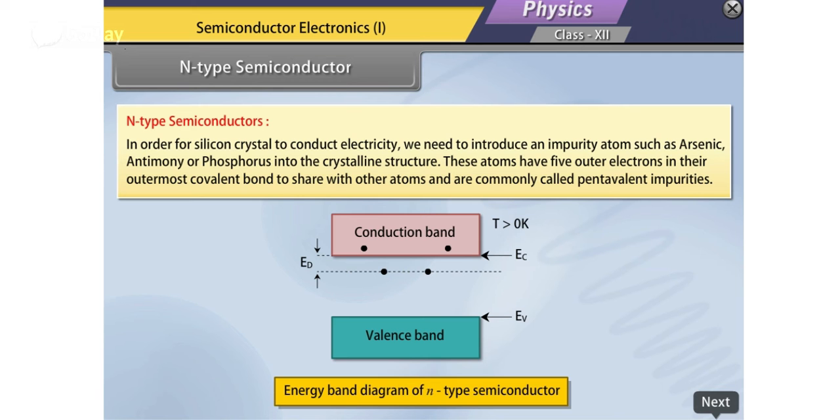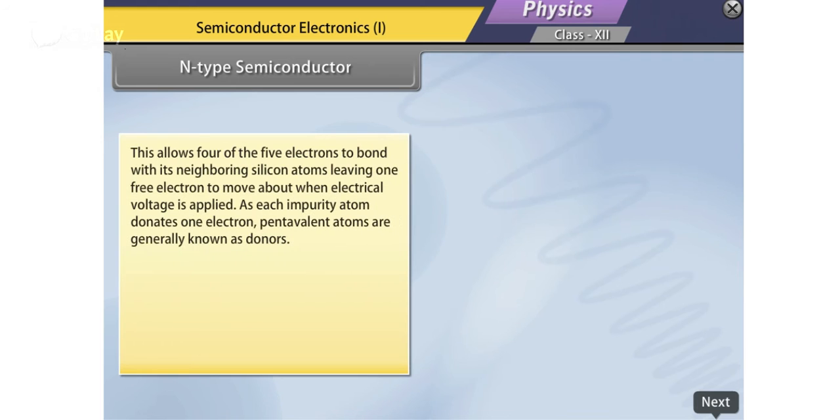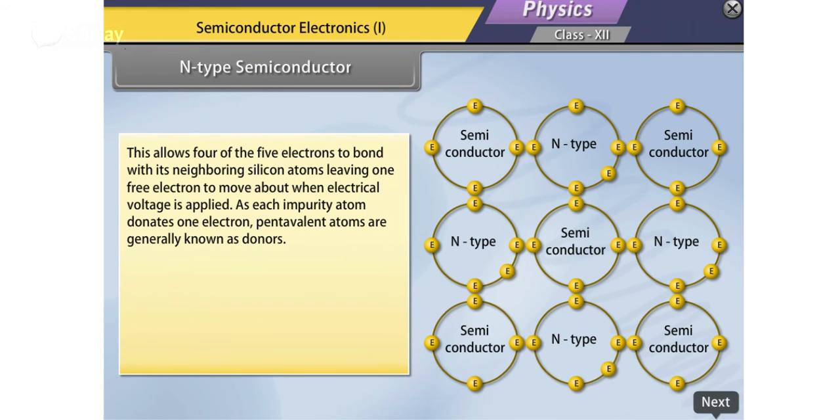These atoms have 5 outer electrons in their outermost covalent bond to share with other atoms and are commonly called pentavalent impurities. This allows 4 of the 5 electrons to bond with its neighboring silicon atoms, leaving 1 free electron to move about when electrical voltage is applied.